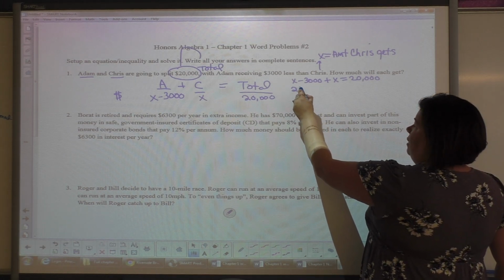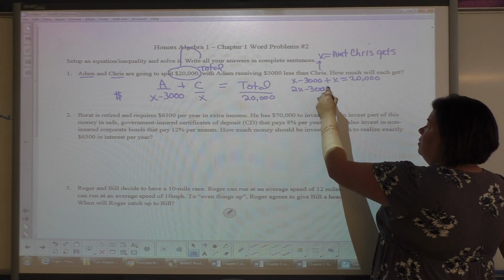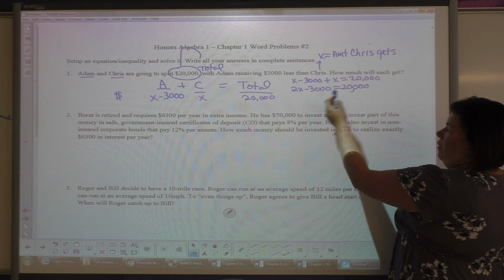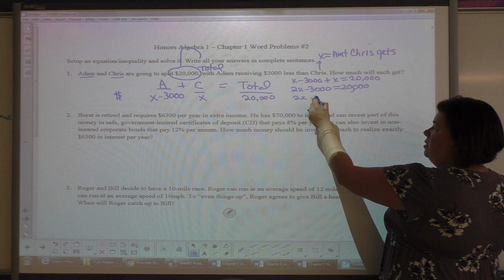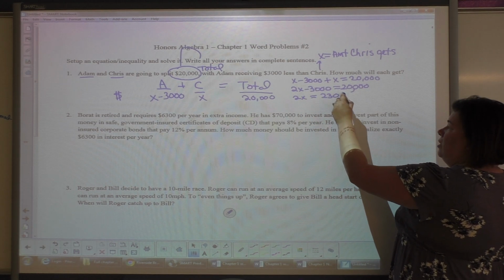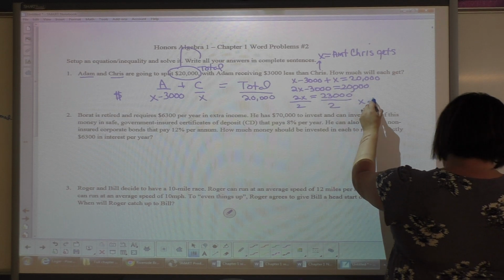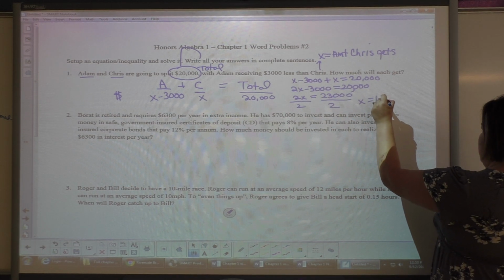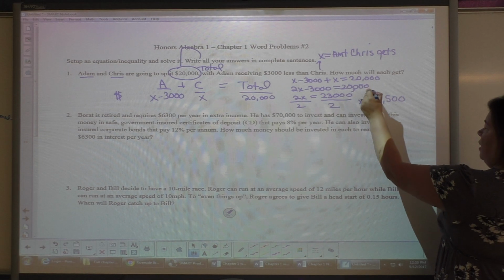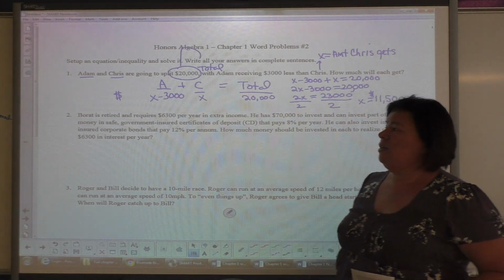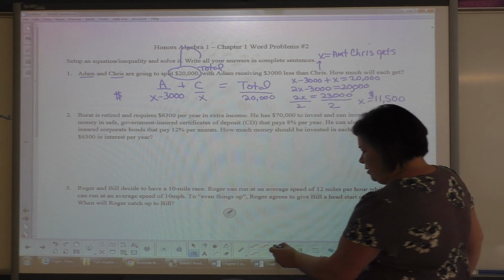So we have 2X minus 3,000 equals $20,000. If we add the 3,000 to each side, we get 23,000 divided by 2. So X equals $11,500. That means Chris is going to get $11,500.